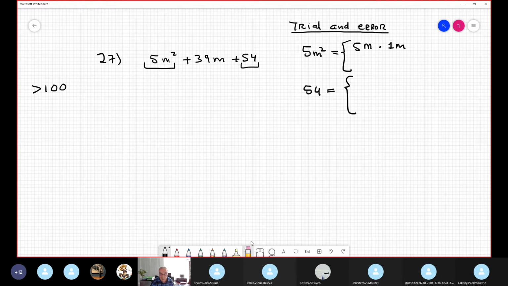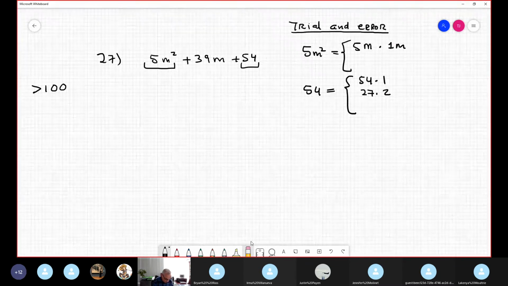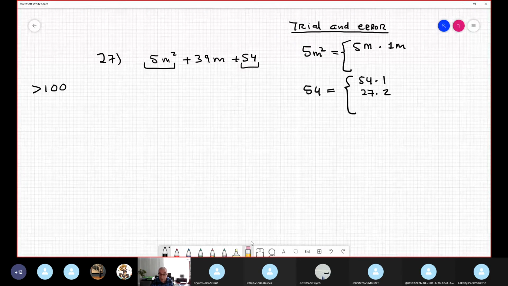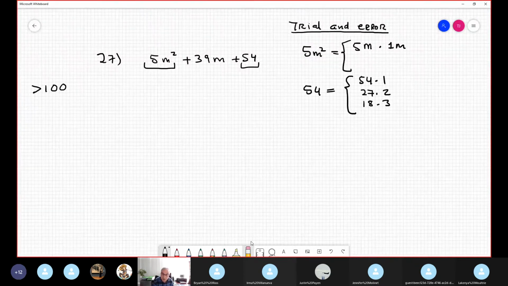54, we have several combinations because 54 is divisible by 2. So 54 times 1 is one possibility. 54 divided by 2 is 27. So 27 by 2 is 54. 54 is divisible by 3, I guess so. It's 18. 54 is divisible by 4?